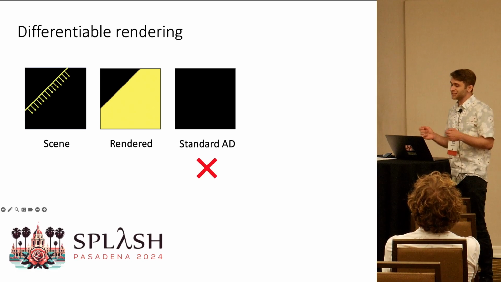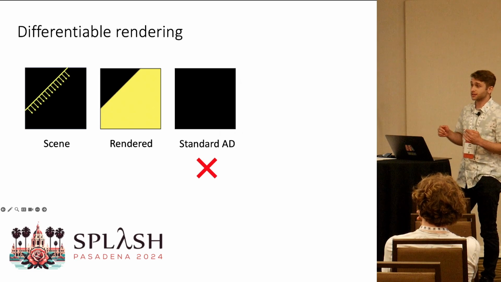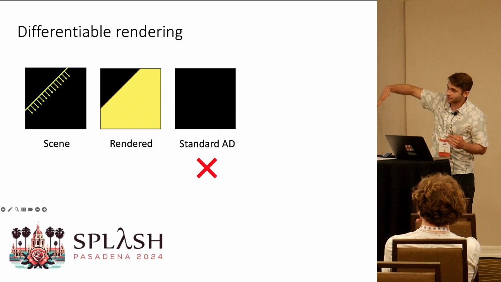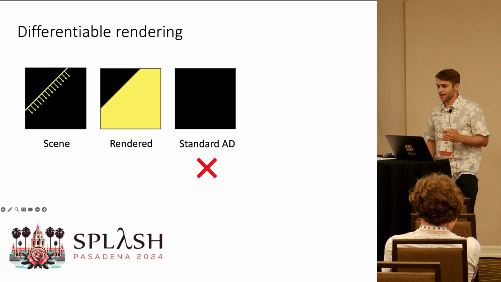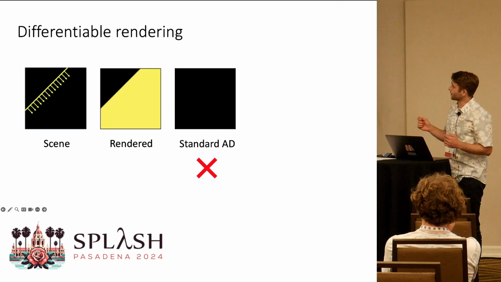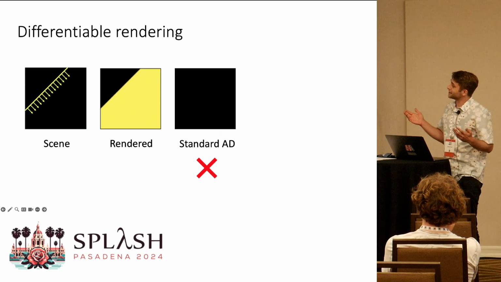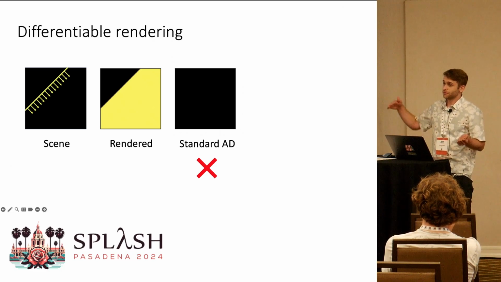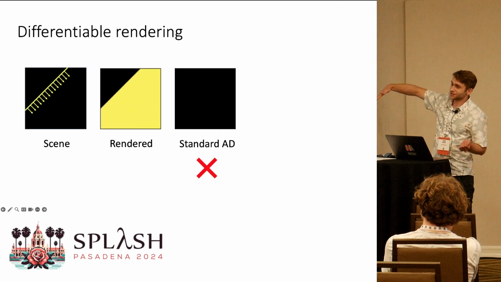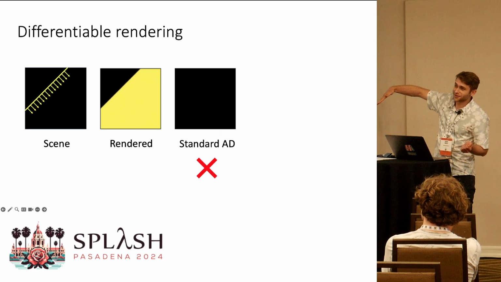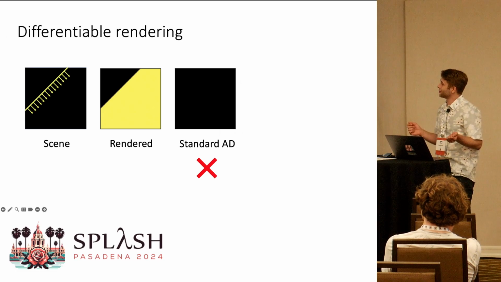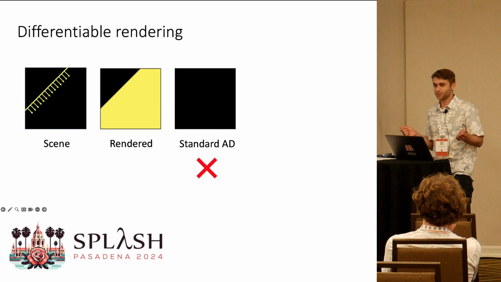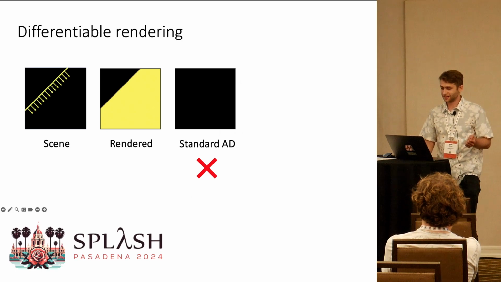So when we take the derivative with respect to the light's position, right, so we're shifting the area light, it should be non-zero because, well, the light was here, and when you poke it, it should be down there. So standard AD here is wrong because it misses that.